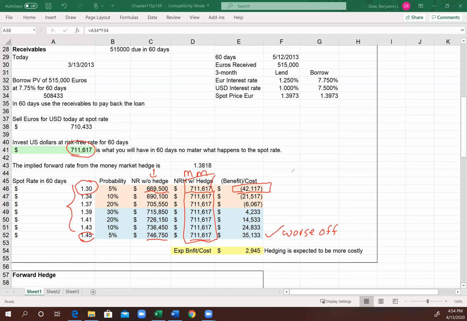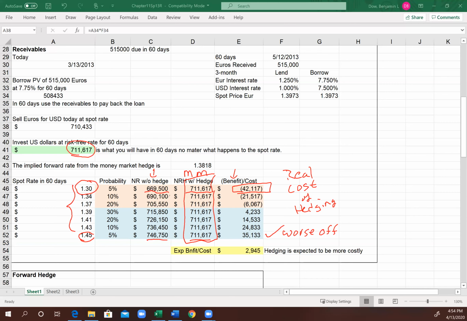So the book uses something called the real cost of hedging, or cost of hedging. So a negative cost is what I refer to as a benefit. In this case, if you subtract one from the other, it's just however you want to term it.